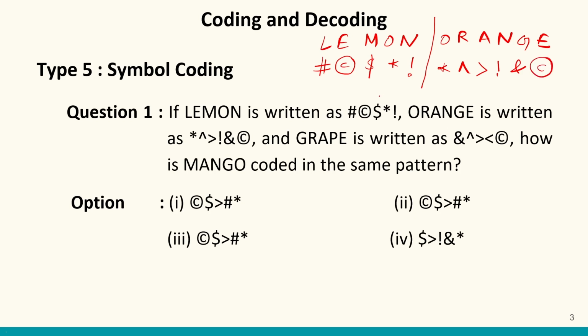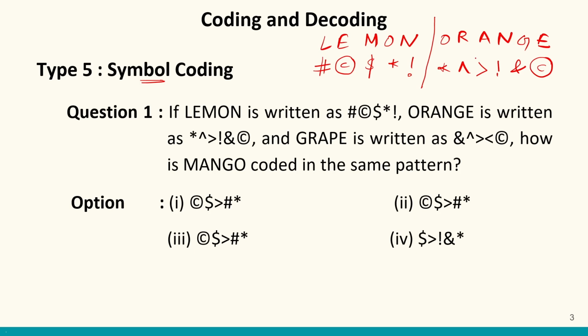So here we can see that each alphabet is coded by a symbol. This is called symbol coding and decoding. It could be numbers also. So 1, 2, 3, if it is coded as this, it is also a type of symbol coding. So either alphabets or numbers or even sometimes words are coded in symbols.